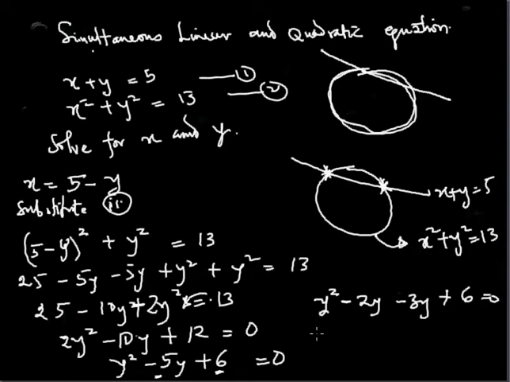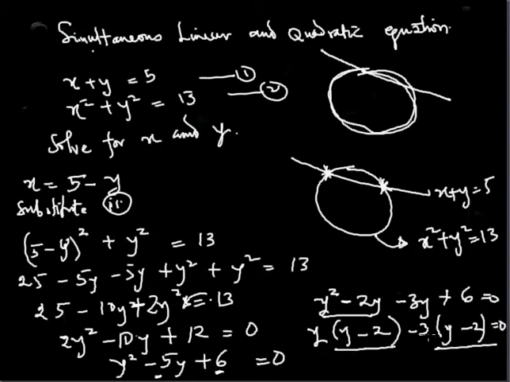Now, if you look at this, we will collect like terms. We say y into y minus 2, and if I multiply it, it gives us this value back. And minus 3 into y minus 2. Can you see that if you collect like terms, this is equal to this, and this is another value attached to this.